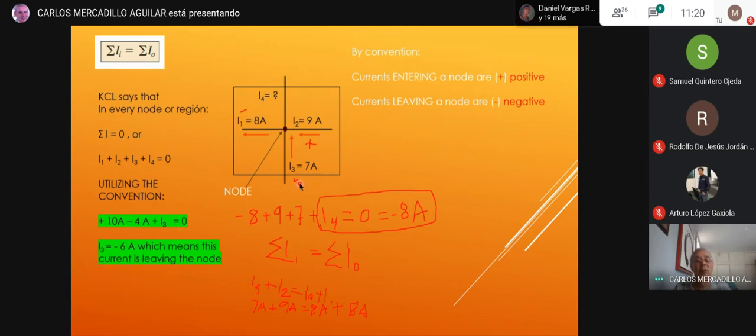Then we can do the summation of currents equals 0, which means I1 plus I2 plus I3 plus I4 equals 0.